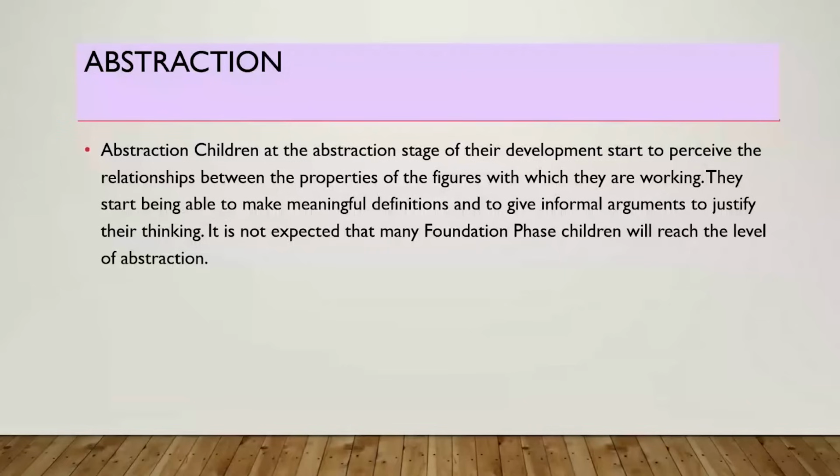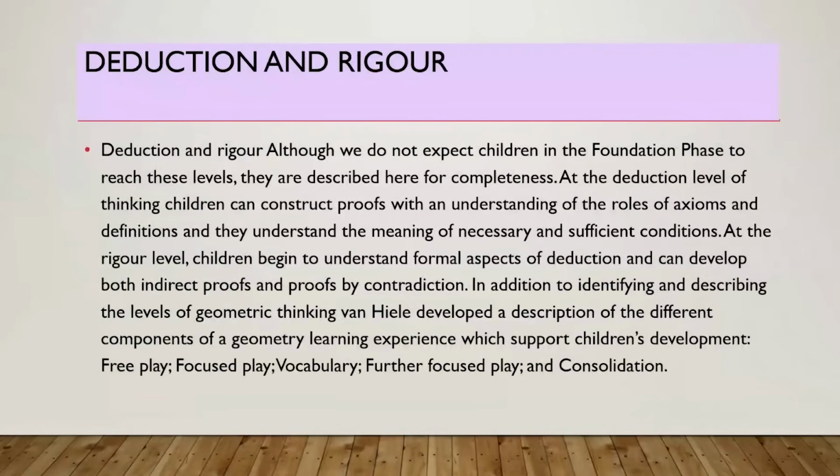Then we get to the difficult part of deduction and rigor. Although we do not expect children in foundation phase to reach these levels, they are described here for completeness so that you understand the whole Van Hiele levels of steps of understanding geometry. So at deduction level of thinking, children can construct proofs with the understanding of the roles of axioms, definitions, and they understand the meaning of the necessary and sufficient conditions.